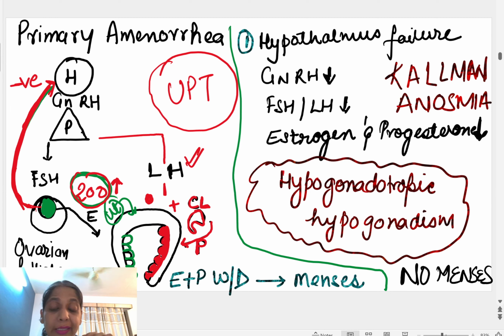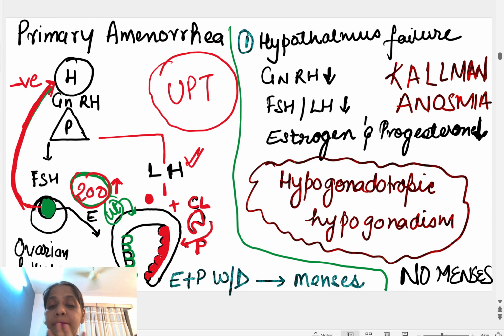Here one main clinical symptom is there: anosmia. The girl cannot smell. Now when there is no estrogen and progesterone, there will be no menses in spite of the uterus being there. And this estrogen is also responsible for the secondary sexual characteristics. So when there is no estrogen, there will be no secondary sexual characteristics also.